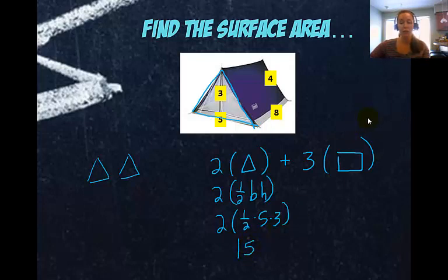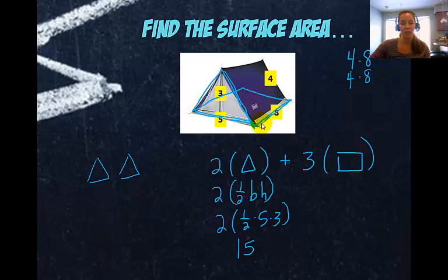Now remember, my 3 rectangles, they were all a little bit different. Let's take a look at this one. This is going to be 4 times 8. The other side is also going to be 4 times 8. But the bottom is a little bit wider, 5 times 8.